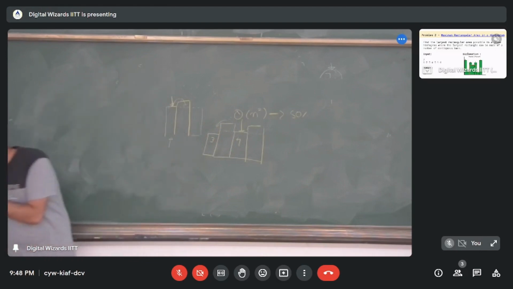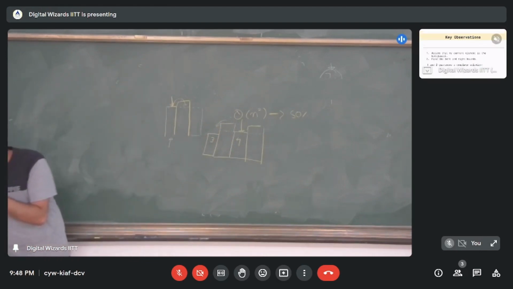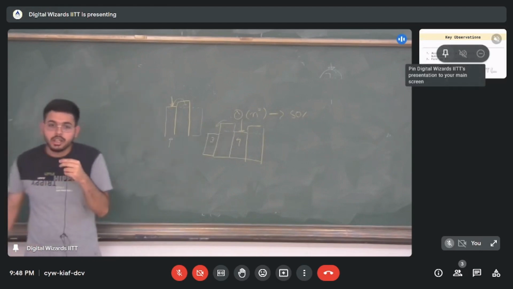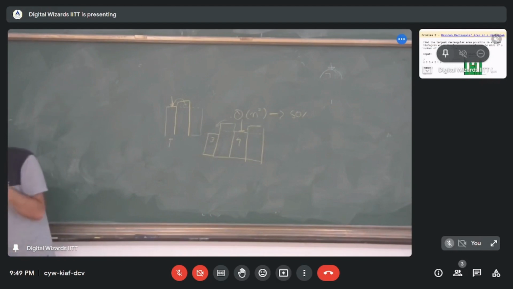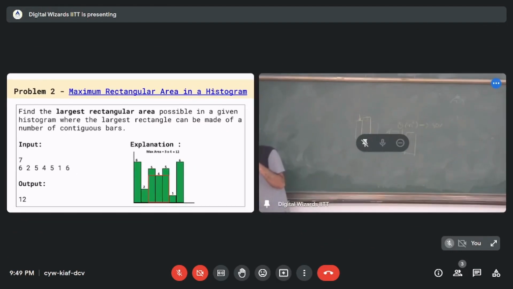Let me just go to the observations. Assume that my current element is the bottleneck. We'll have a bottleneck in every rectangle, the one with the minimum height. Assume you have somehow magically obtained that bottleneck. Of course we are not going to find it magically, but we iterate and assume this is the bottleneck.